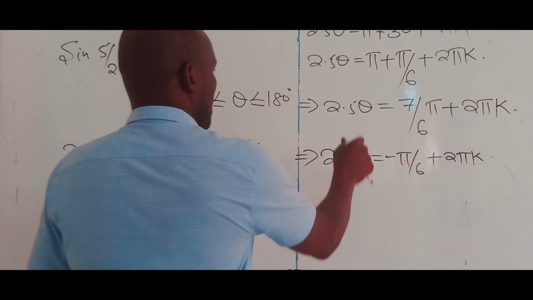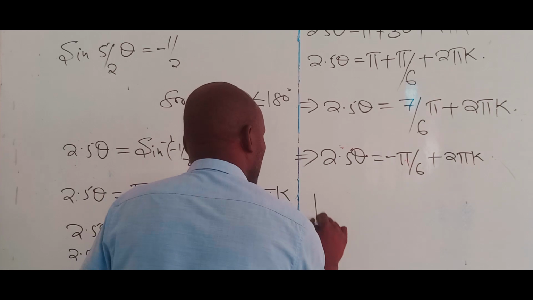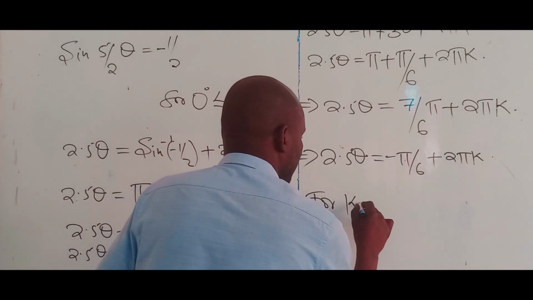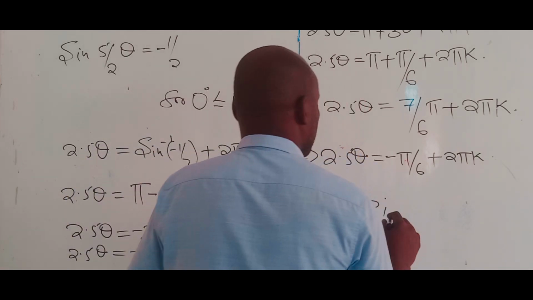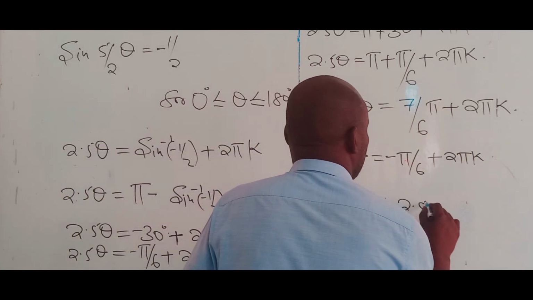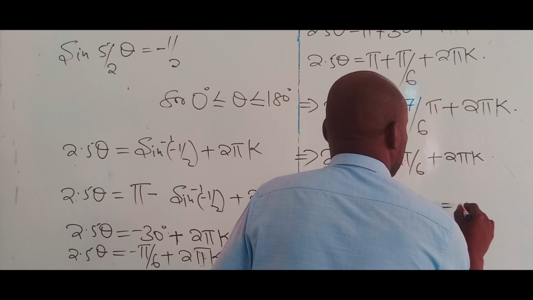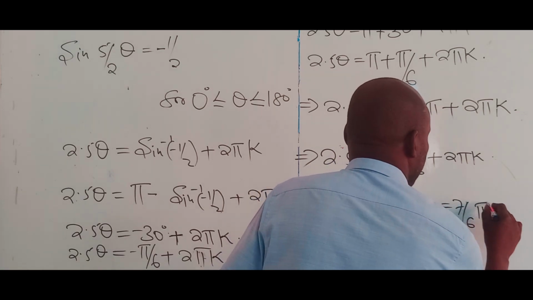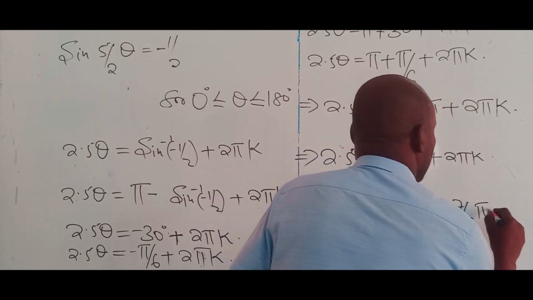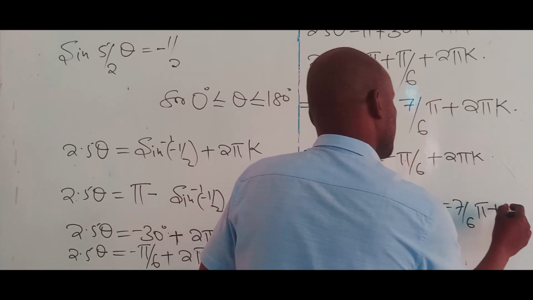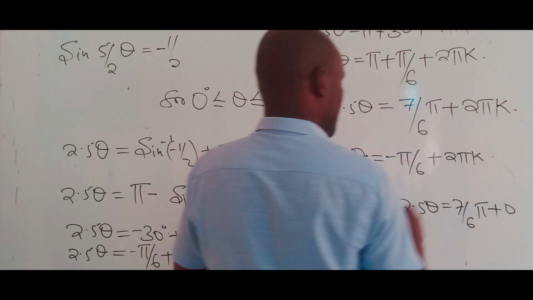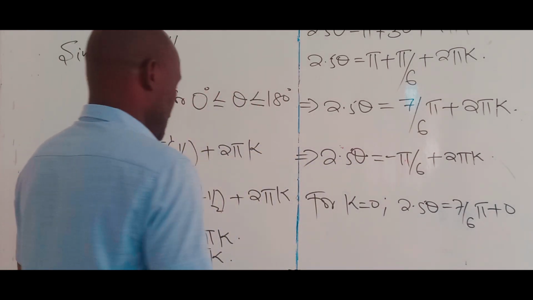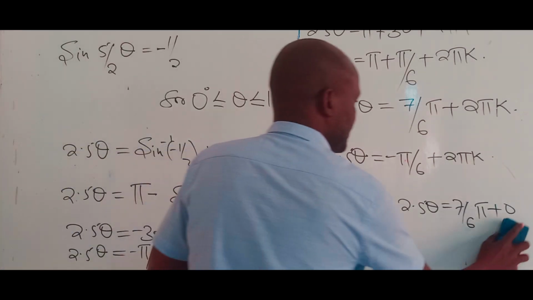So I want to consider the first case, for k equal to 0. 2.5 theta will be 7 over 6 pi plus 0, because k there is 0, so the whole element goes to 0.